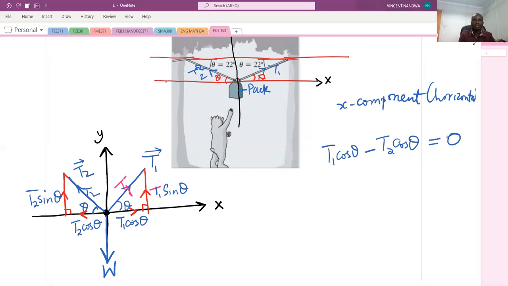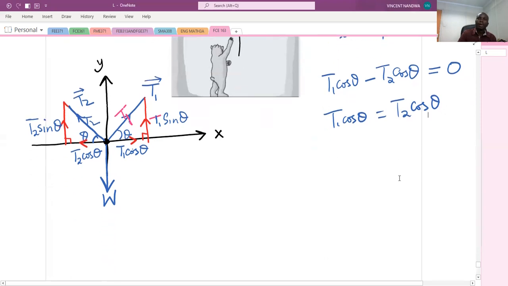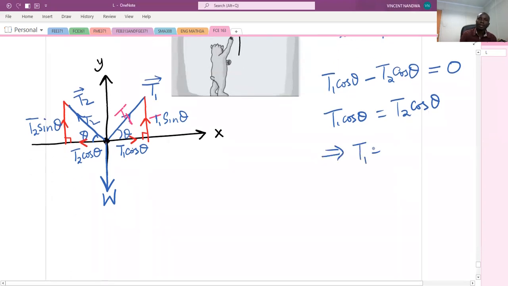There's no acceleration, which means T1 cos theta is the same as T2 cos theta. So this tells us that T1 is the same as T2. So you can just call it T. Call it equation 1.